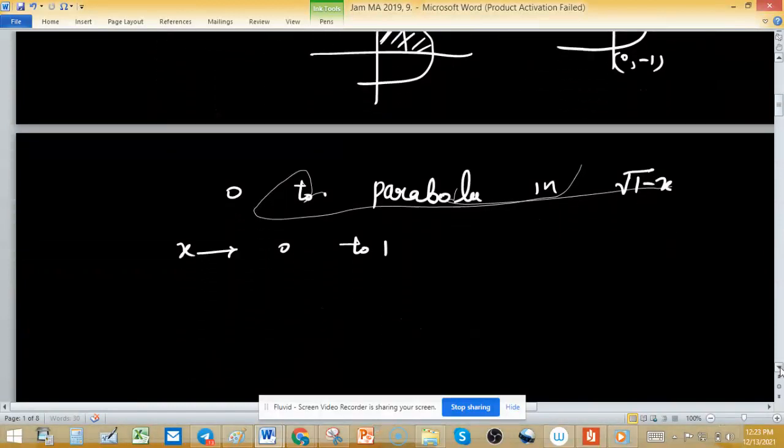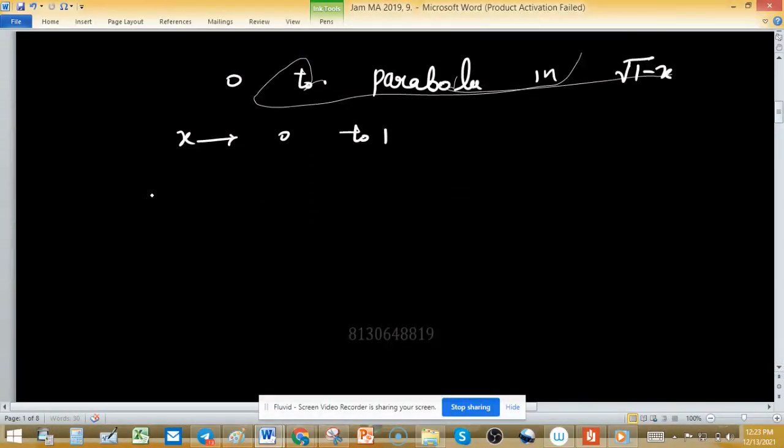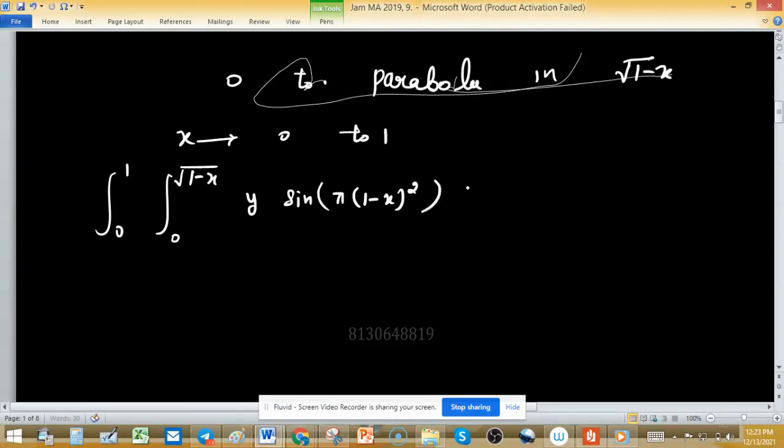Now this problem has been changed into this form: 0 to 1, this is the limit of x, and the limits of y are from 0 to square root of 1 minus x, y sine pi within bracket 1 minus x whole square, dy dx.